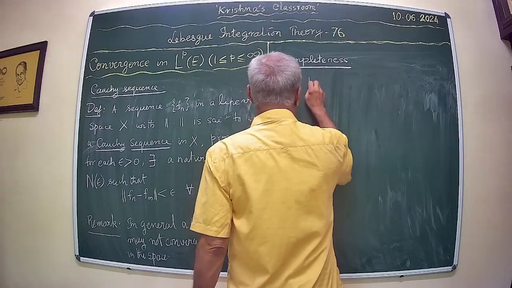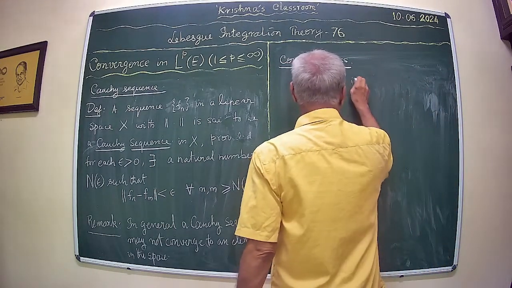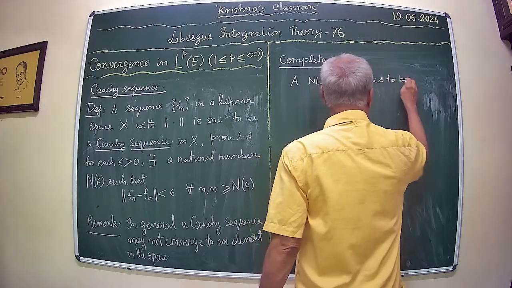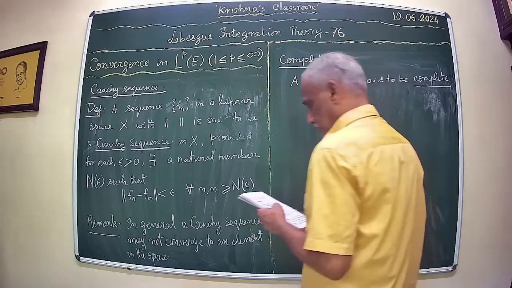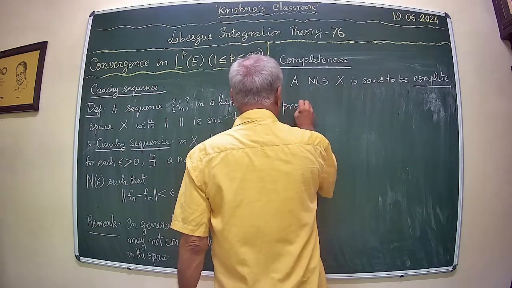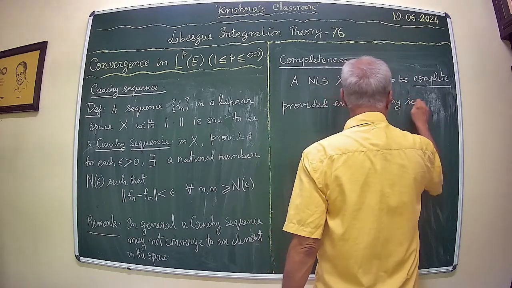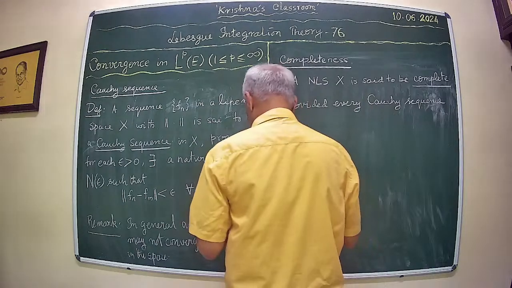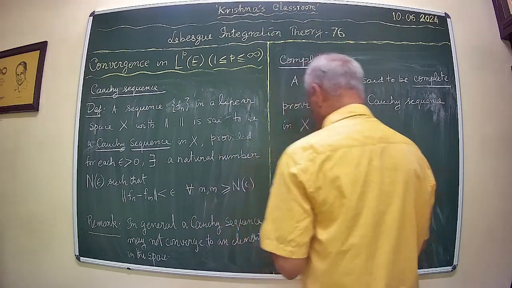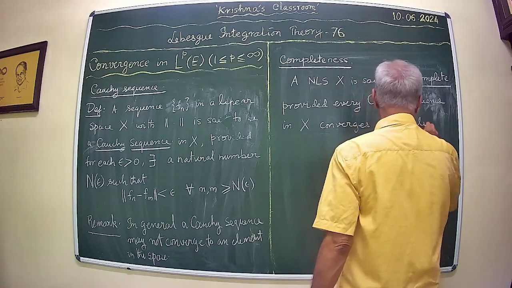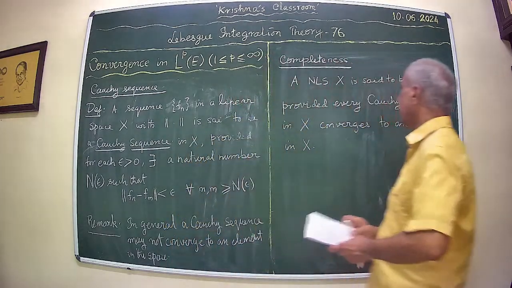A normed linear space, equally well, this statement is valid for metric spaces, X is complete provided every Cauchy sequence converges to an element in it; then you say it is complete.